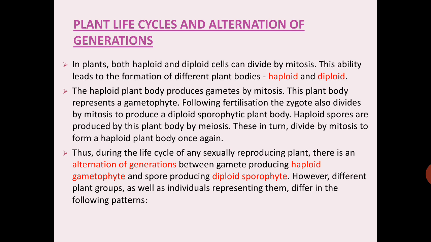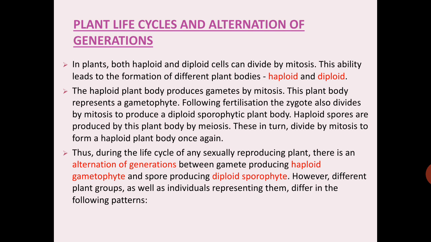The sexually reproducing gametophyte stage is alternated by the asexually reproducing sporophytic stage. It is called alternation of generation. In plants, both haploid and diploid cells can divide by mitosis.